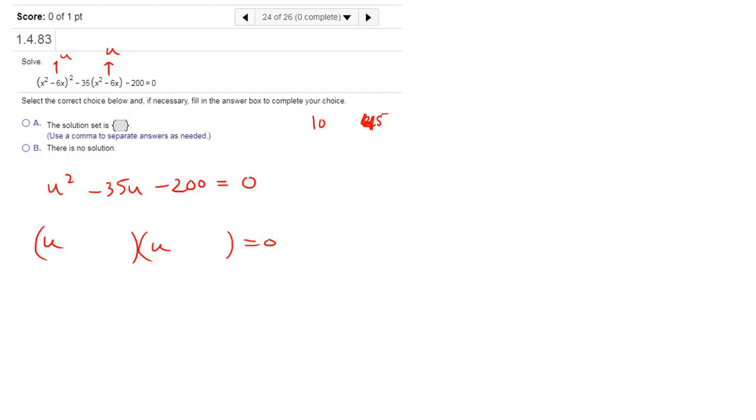No, let me look at multiples of 200. Let's see if we can get multiples of 200. I'm thinking maybe the answer is somewhere in the 40s.